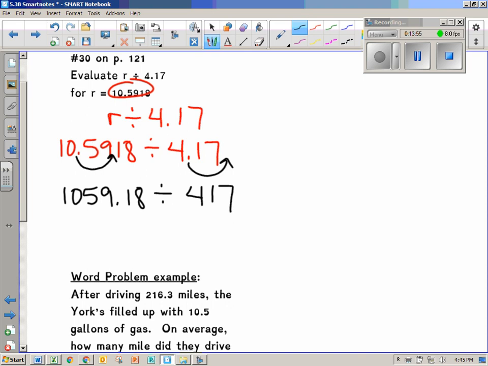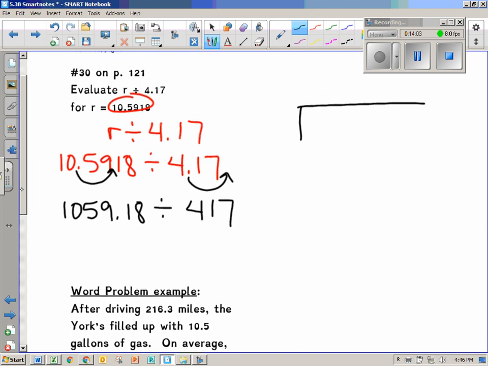I just like to write it over here like that before I actually do the division, but that's certainly not a requirement. But in your division work, I don't suggest that you have a lot of little scoops. That really makes it confusing for you and anyone looking at your work.